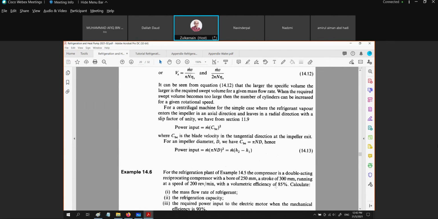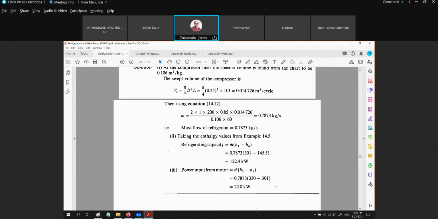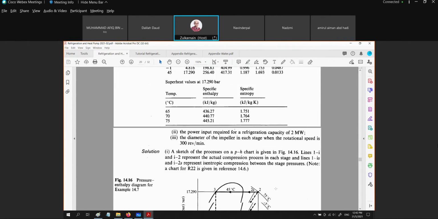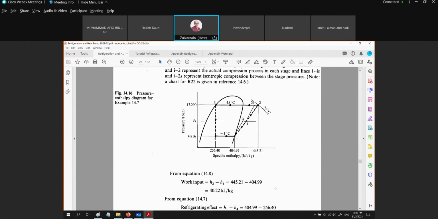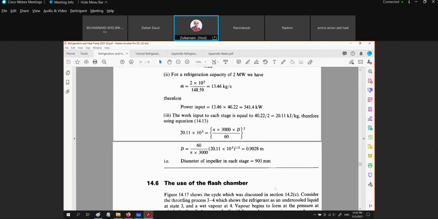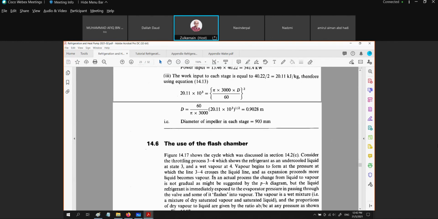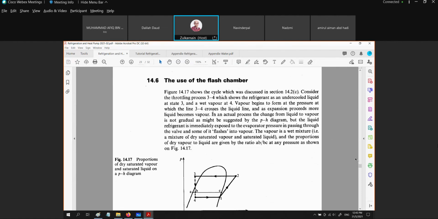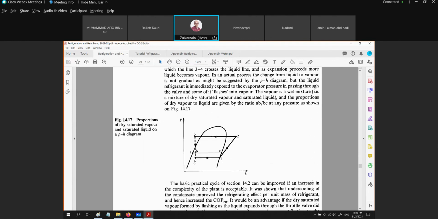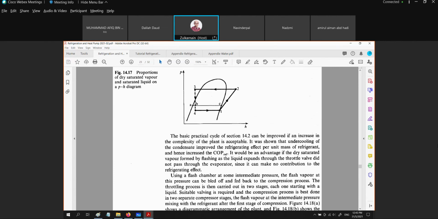We're going to omit the compressor type, but what I'm going to do right now is look at the flash chamber. Okay, this is the use of the flash chamber. This part is what I explained just now about the state 4.